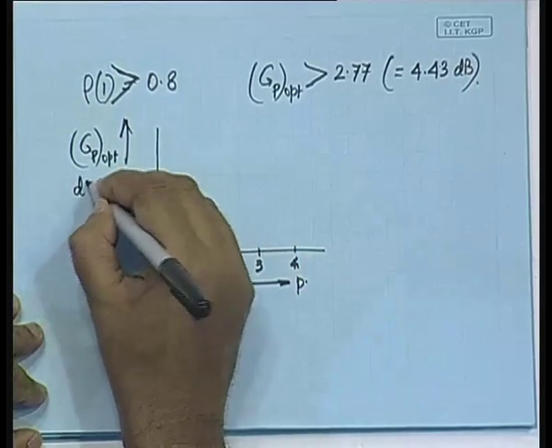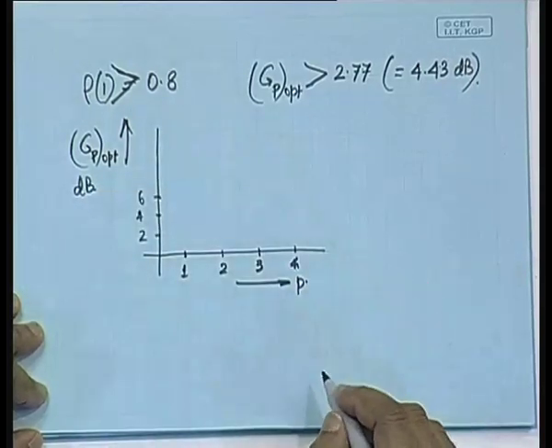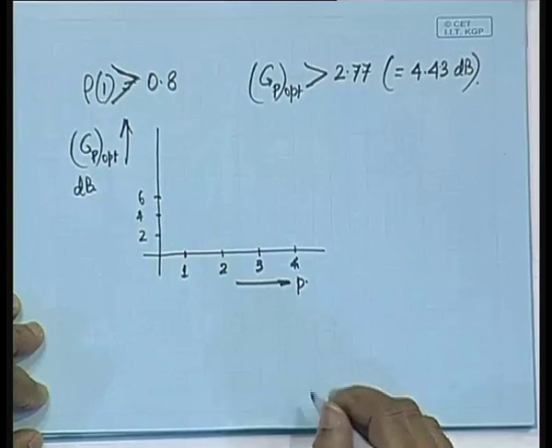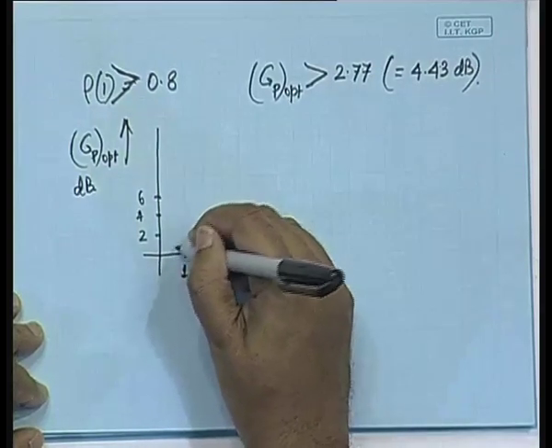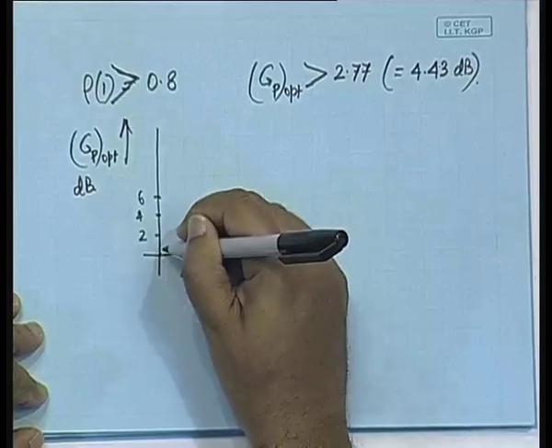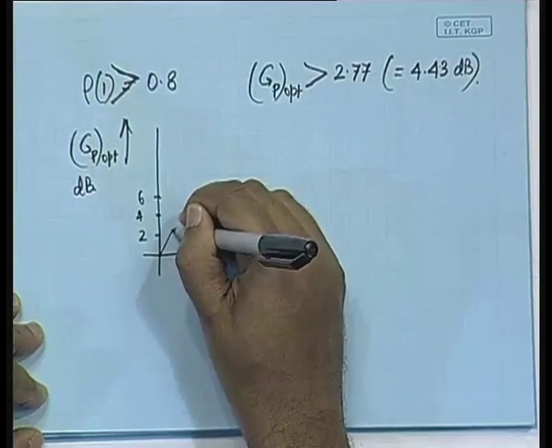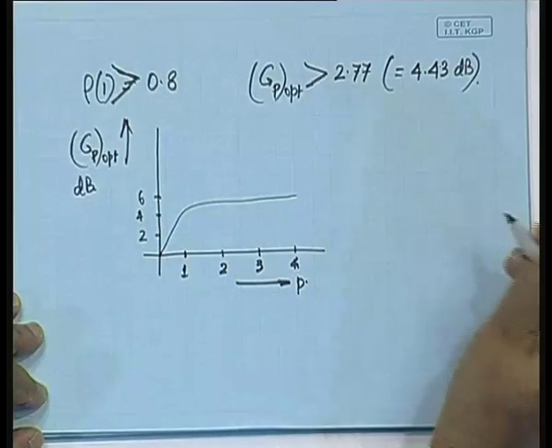So, this GP optimal is in dB. Okay. Then one obtains a curve something like this for practical cases.